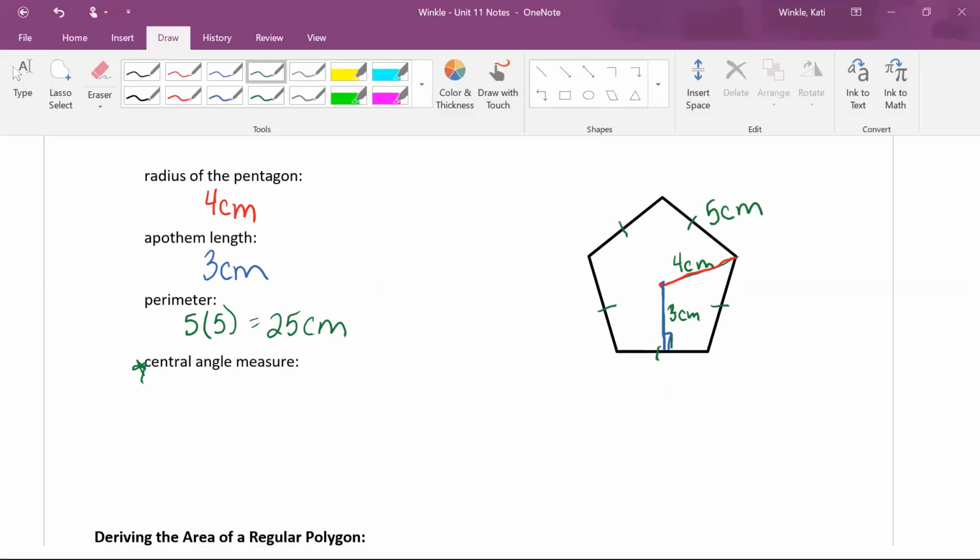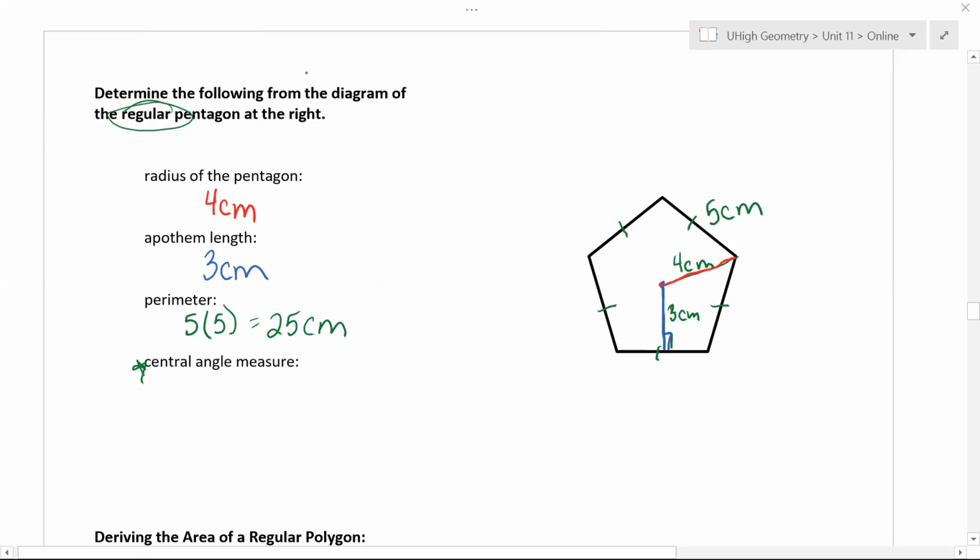All right, and the last thing that we're looking at is the central angle measure. So the central angle measure is, and I'm going to go ahead and draw in this little angle right here.